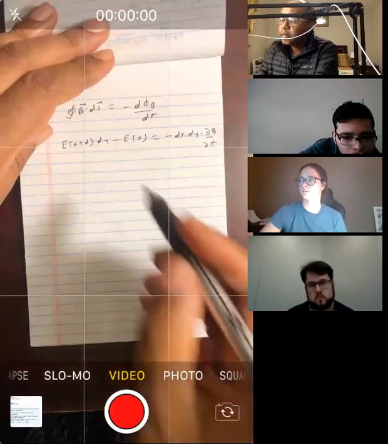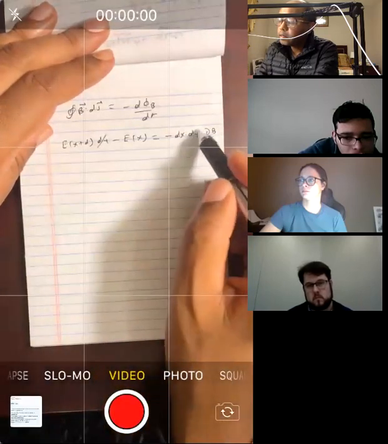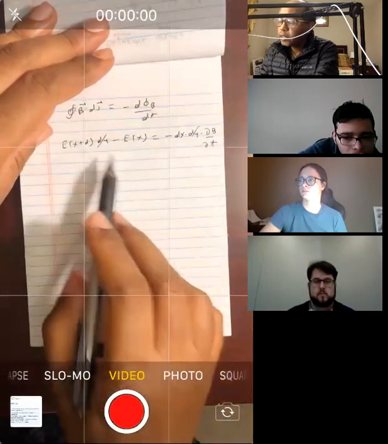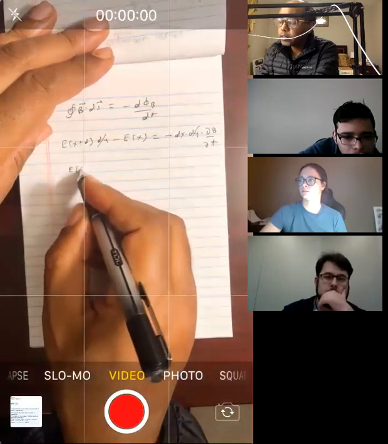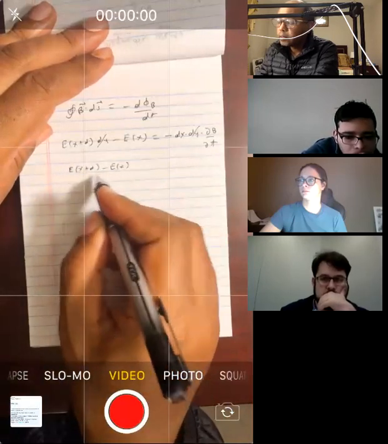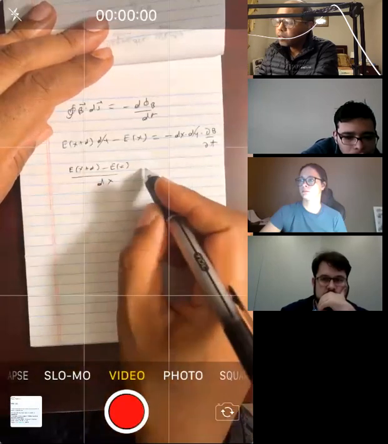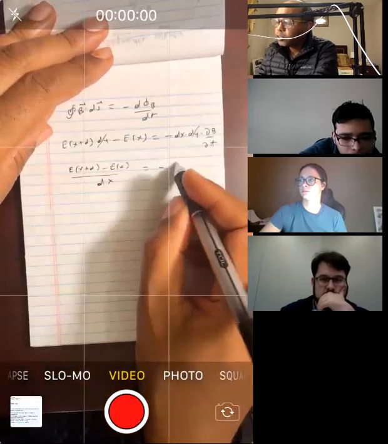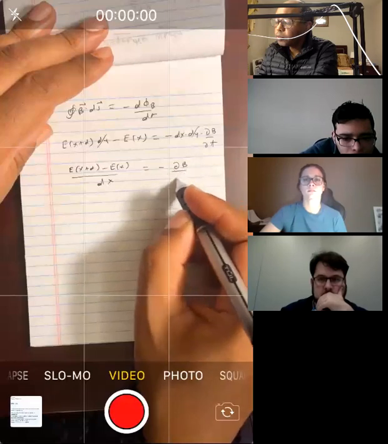Do you see that? Now, the dy cancels out, do you see that? And then I'm going to take the dx over here. E of x plus dx minus E of x divided by dx equals negative of the partial derivative of magnetic field with respect to time.